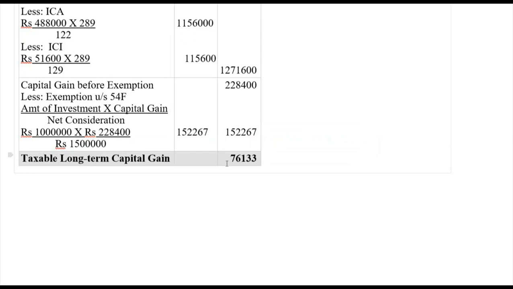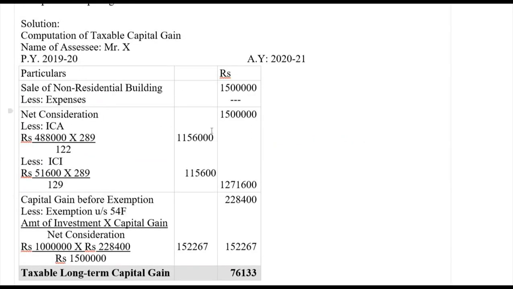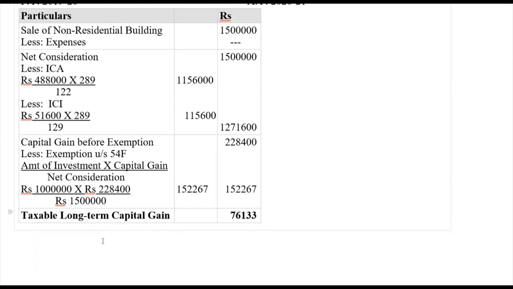So this is an example for section 54F. The only thing we should note is the formula under section 54F: amount of investment multiplied by the capital gain divided by the net consideration, because the exemption is available in proportion to the amount of the capital gain. Thank you.